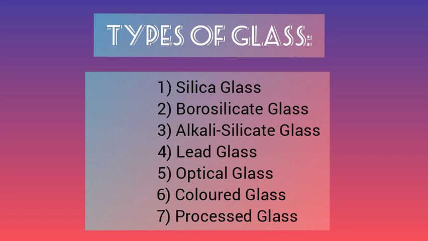Thereafter we have seen which items are made from these glasses, and their properties also. For example, alkali silicate glass is water soluble, that's why no equipment is made from it, and it is also called water glass. In this way we have seen all 7 types of glasses.